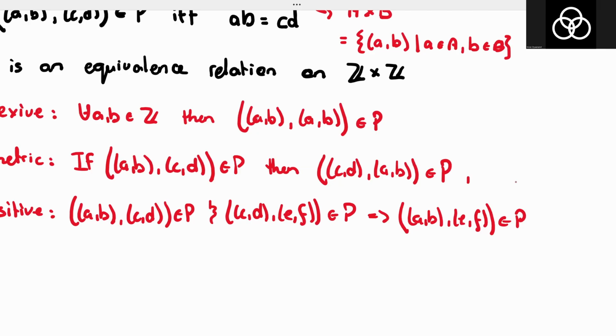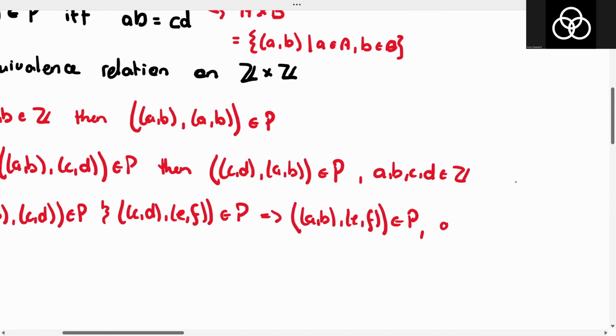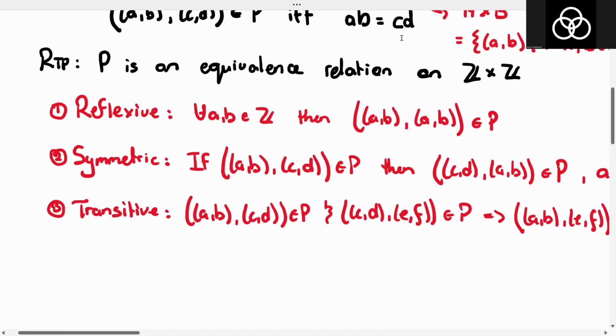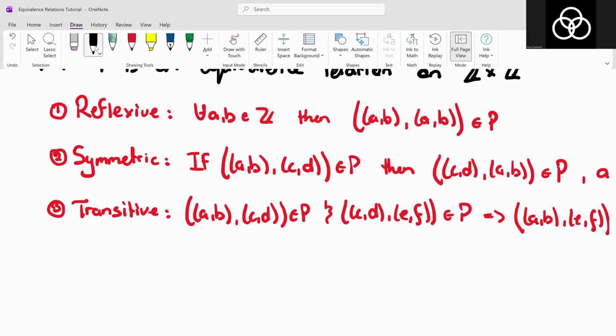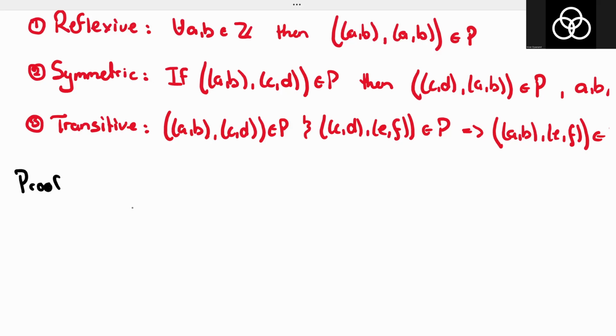And of course, this is for a, b, c, and d are integers, and this one is for a, b, c, d, e, f are integers. Right. So let's go ahead and show each one of these. So proof. So first we will show reflexive.